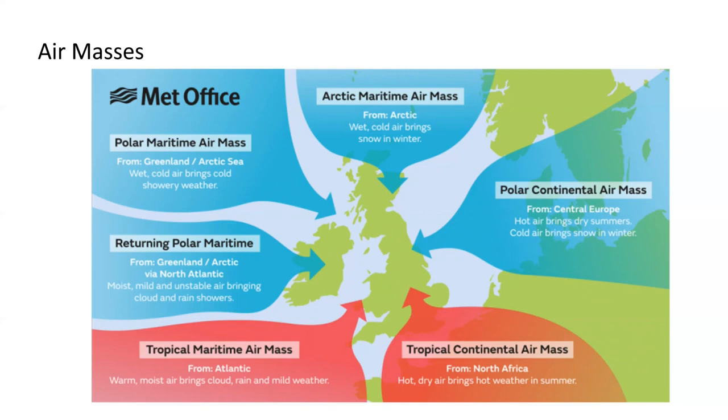And then by the time we're moving around to thinking of flying Sutton Bank, Wing Bank, Kettlewell or Stag's Fell, we're in either this returning polar maritime or tropical maritime air mass.